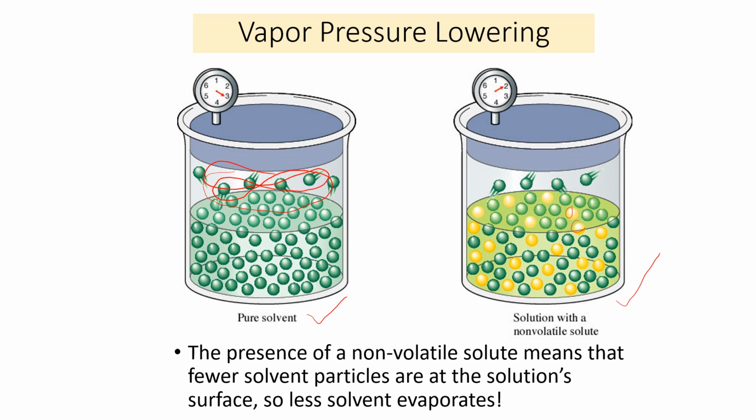So there will be less vapor pressure exerted by this system. The presence of non-volatile solute means that there are fewer solvent particles at the solution surface. So the solvent molecules are fewer than in the pure solvent, and less solvent evaporates in the system.